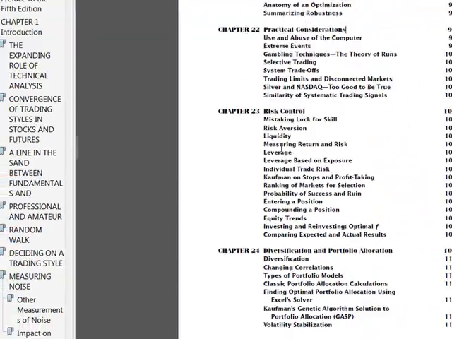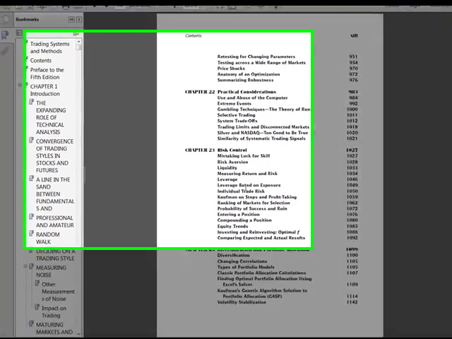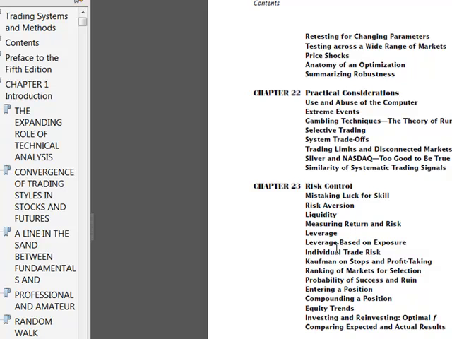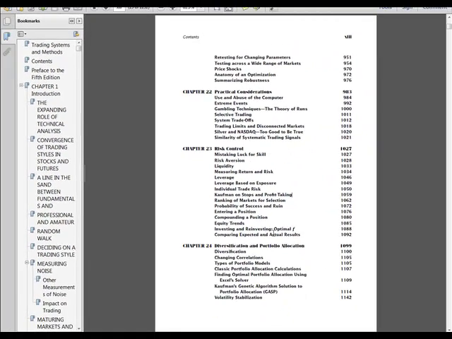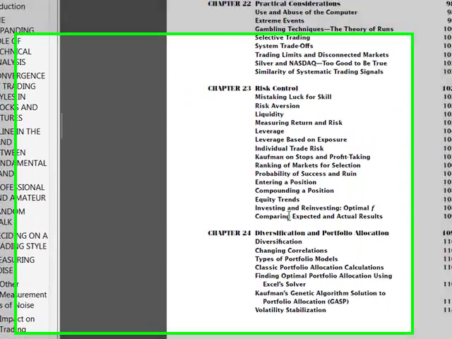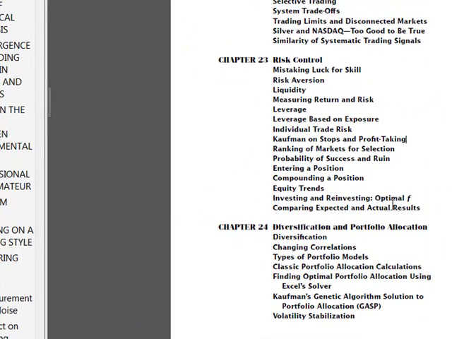Got risk reversion, liquidity, risk and return, leverage, Kaufman stops and profit taking. Again, these are really useful for your exit analysis, ranking of market selection, ruin, I can't remember the name of it, probability of ruin and success, entering position, compounding a position, using this optimal F for reinvesting, and the last chapter, really important stuff again.